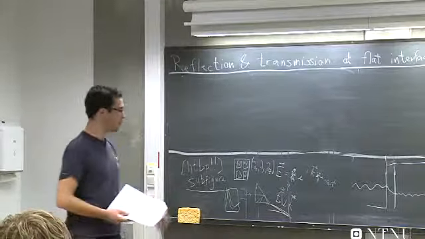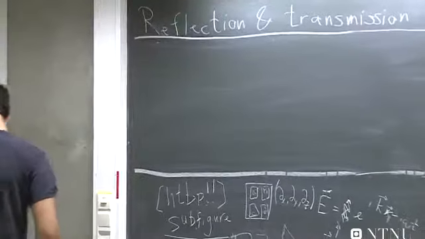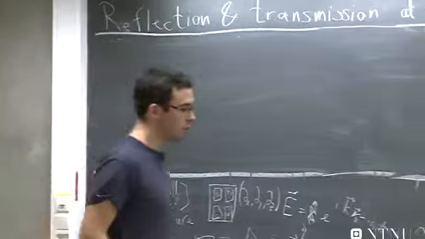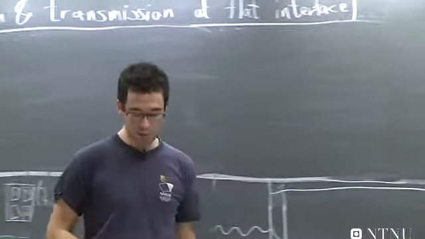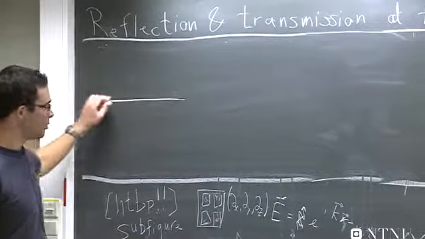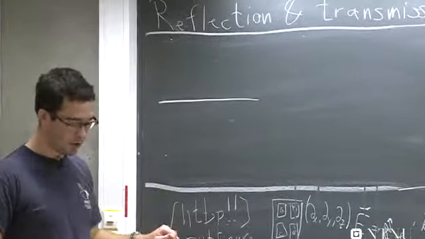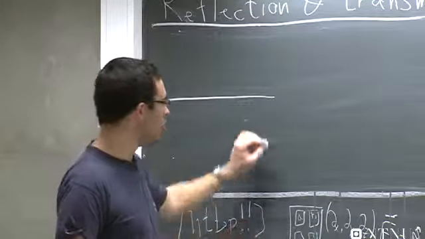Okay, we went through the dispersion relation curve for the case of air over some sort of, let's say, glass. But now what happens if we have several layers?